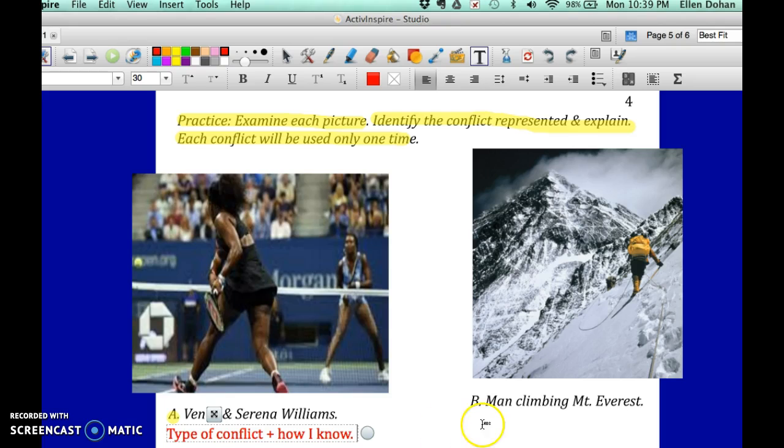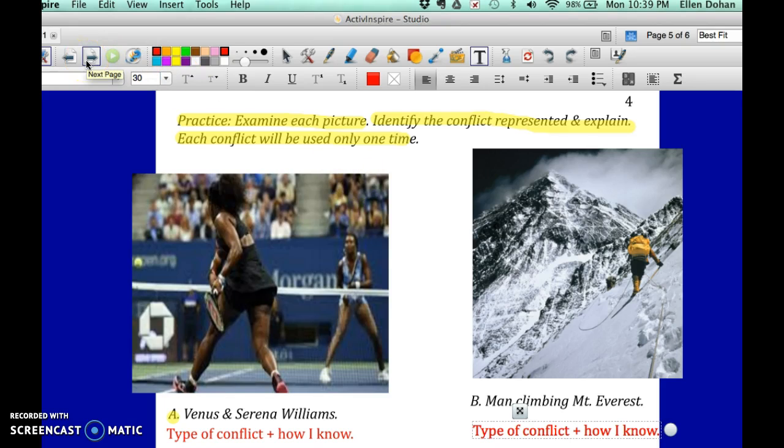Do that for each one of these pictures. So A, we see Venus and Serena Williams. B, we see a man climbing Mount Everest. Pause the video right now. Identify the type of conflict and how you know for both of these pictures. When you're ready, unpause it.